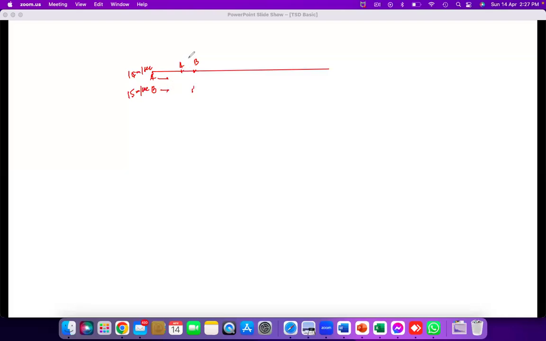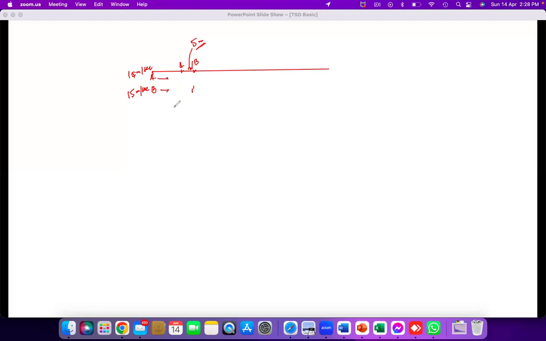It means gap created between them is 5 meter, in 1 second. So relative speed of A and B is 5 meter per second. When motion is in same direction, gap is created between two bodies.